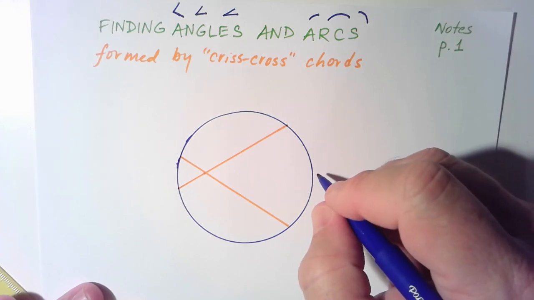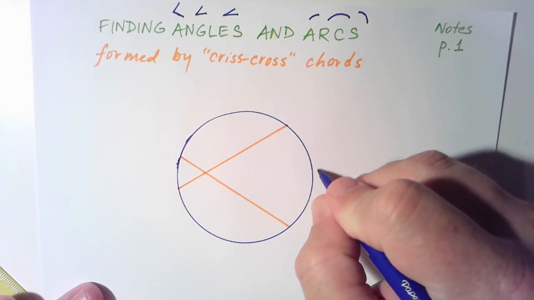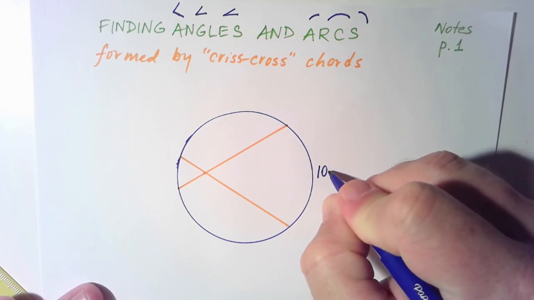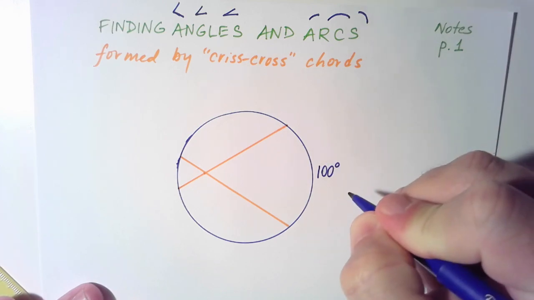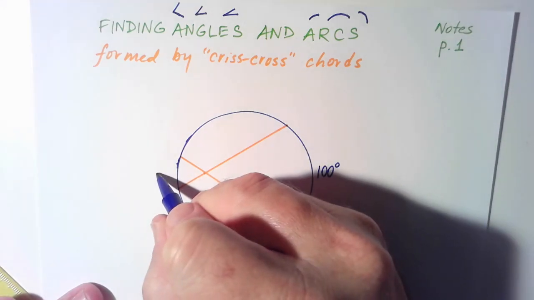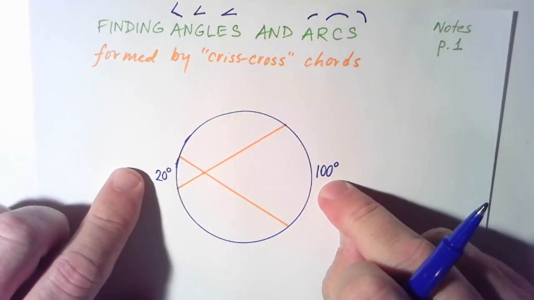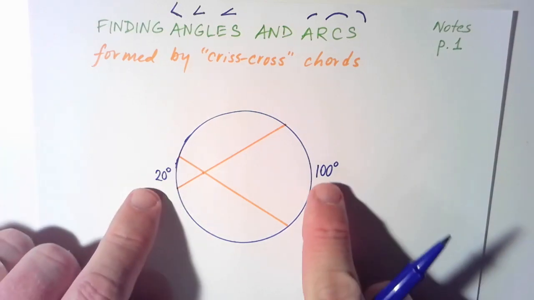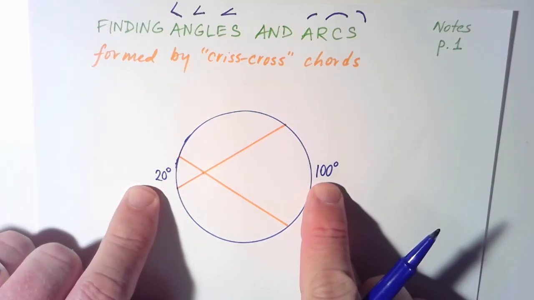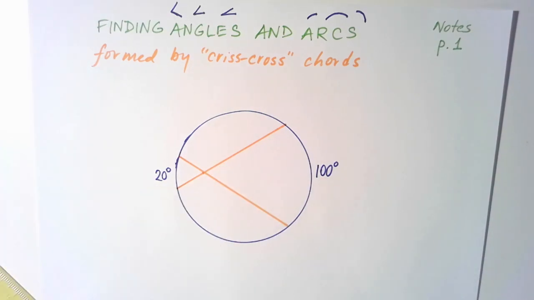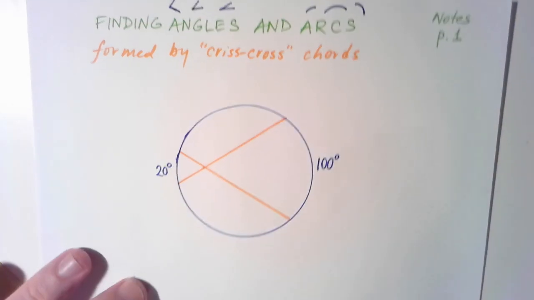Let's say it's 100 degrees, a little bit more than a quarter of the circle. And this other arc is just a tiny bit of the circle. But our rule will be we'll add these together, divide by 2, and we will get this angle. That's our rule.